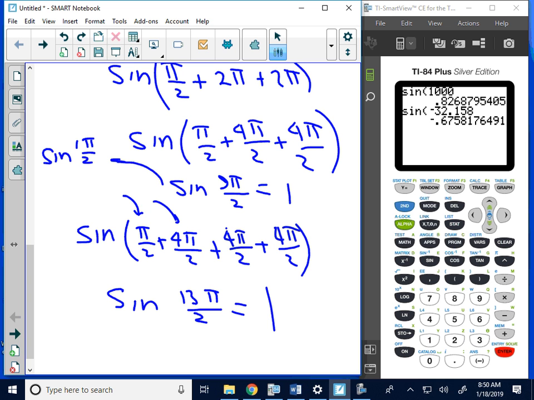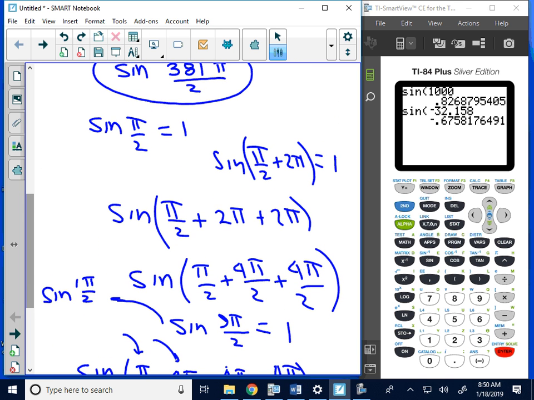The sine of 13 pi over 2 is exactly the same as the sine of 1 pi over 2. Okay, so how does the 13 turn into a 1? Or how does the 9 turn into a 1? Or how does, what was this, 5 pi over 2? The sine of 5 pi over 2 is the same as the sine of 1 pi over 2.